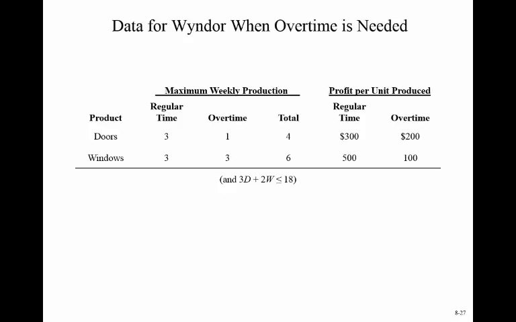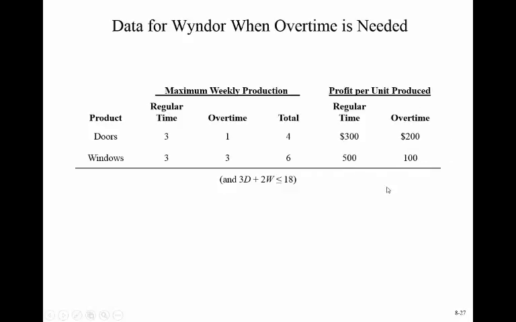The windows, of course, are the same: you can produce 3 on regular time, and then up to 3 more, but at a higher labor cost. That's the hourly breakdown in terms of the maximums.